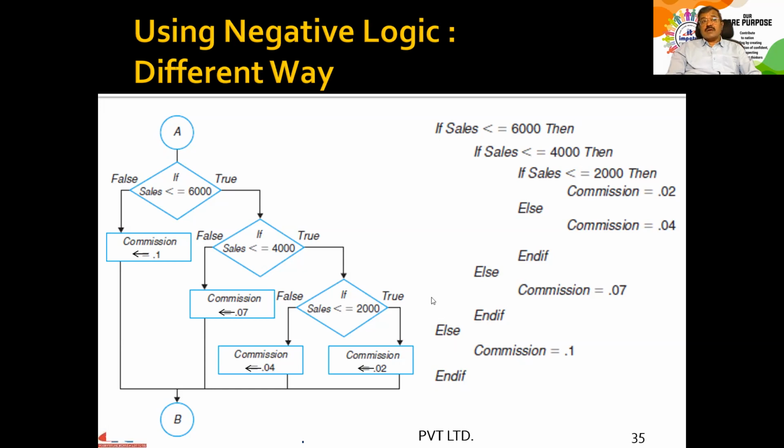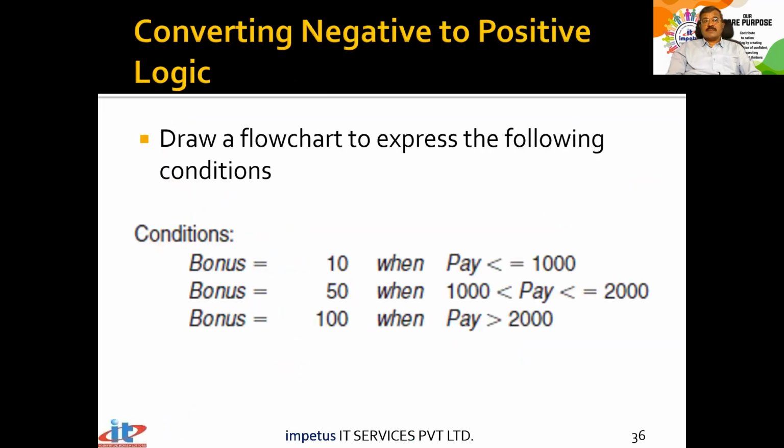Now the question is, how do I convert this negative logic to positive logic? Before I do that, I want you to draw a flowchart for this particular algorithm, the problem statement that has been given. Draw a flowchart to express the following condition. Bonus is 10% when your salary is less than or equal to 10,000. Bonus is 50% when your salary is greater than 10,000 but less than or equal to 20,000.